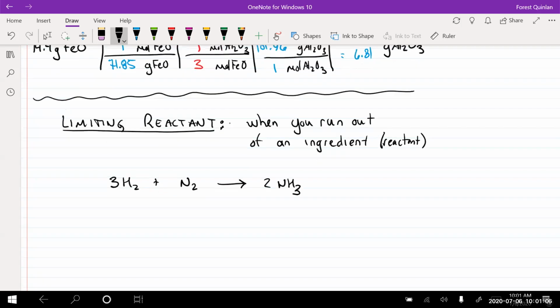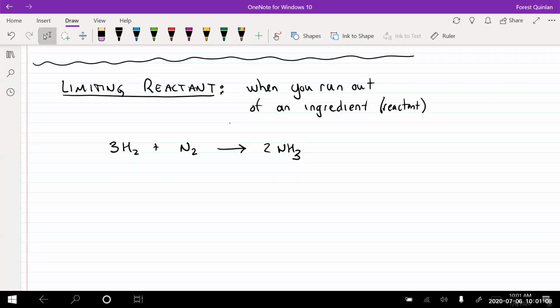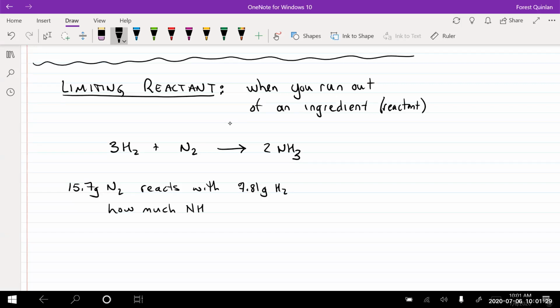What I'm going to do is take 15.7 grams of nitrogen, which reacts with 7.81 grams of hydrogen. How much ammonia is made?